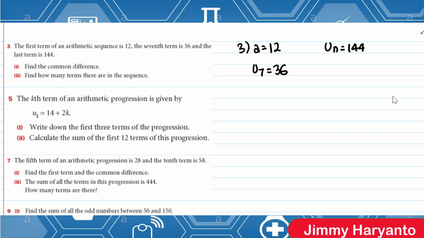For number 3, the first term of the arithmetic sequence is 12, so A equals 12. The seventh term, U7, equals 36. From U7, we can find the difference.